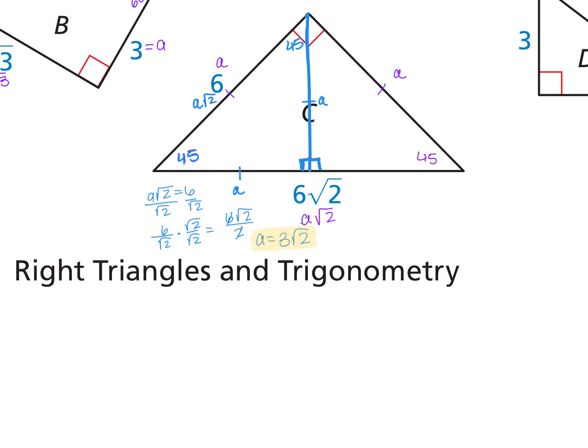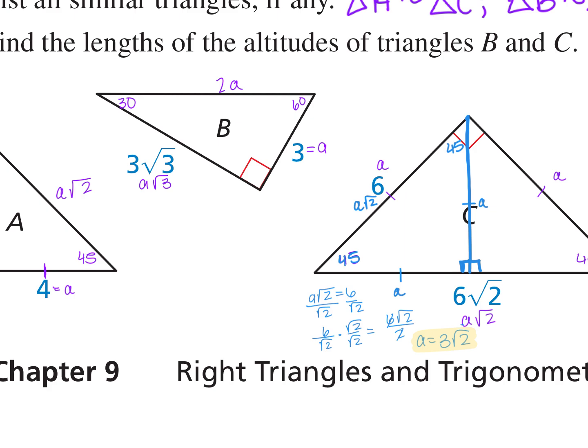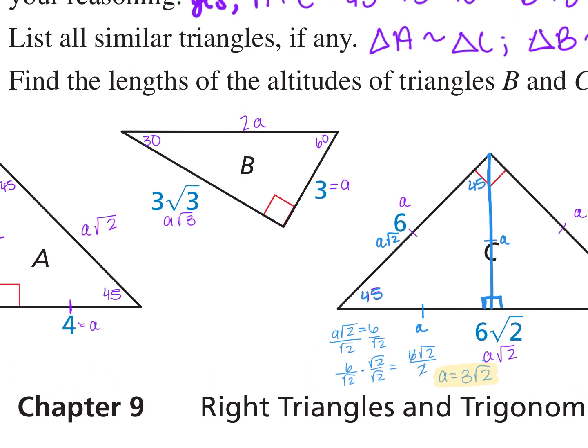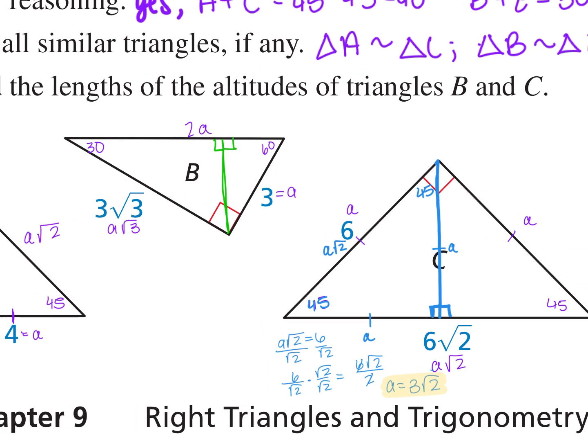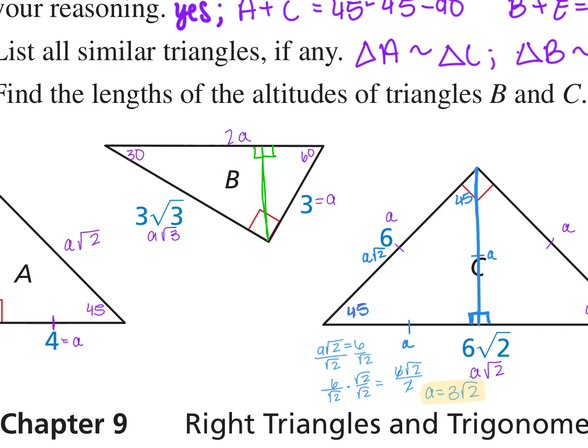Let me go ahead and find my altitude for B. So looking at B again, I'm going to go ahead and draw that line. It's that 90-degree angle right here. And using the information that I have, I'm going to go ahead and look at this triangle over here. This is what I'm going to use.